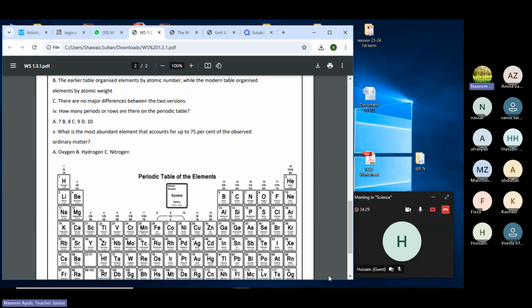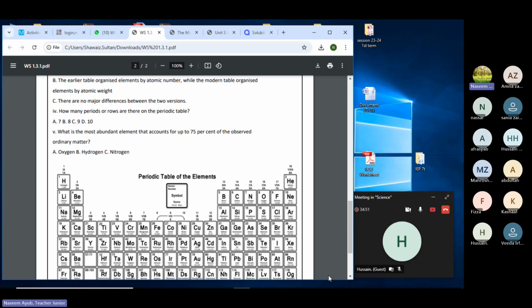Hydrogen is the most abundant element found, and it makes up 10% of the human body. If the mass of the human body is 100%, 10% is made up of hydrogen, present in the form of water.